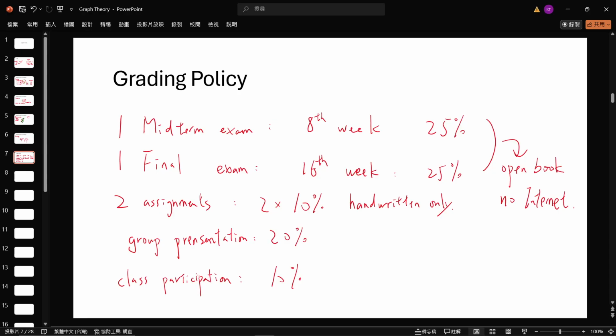Sometimes I may save the last 10 minutes for you to practice some problems. I bring some papers so you can have some exercise or practice about the material that we just learned. All right, so this is the grading policy for this course. Any questions?